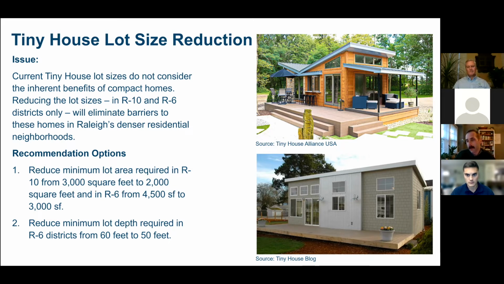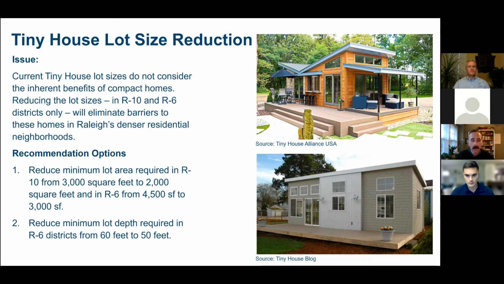Experience from around the country tells us that tiny homes are not likely to be a predominant type of housing as a primary home. I think we may see them on flag lots or in particular locations and settings like cottage courts. But that said, there is increasing demand for these types of housing.